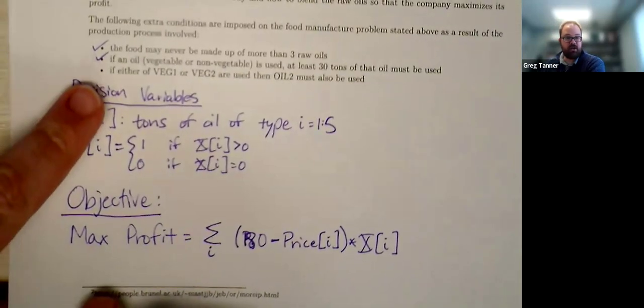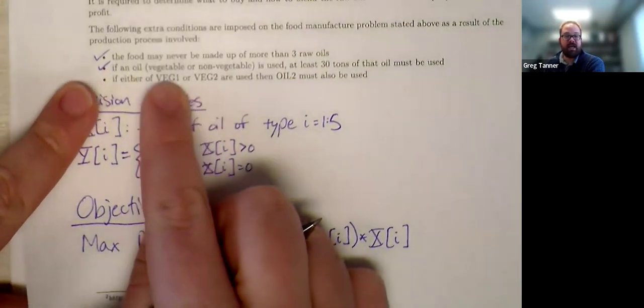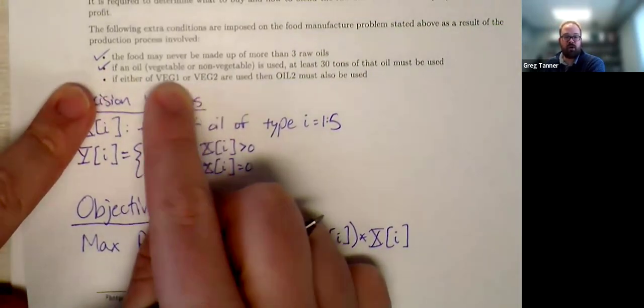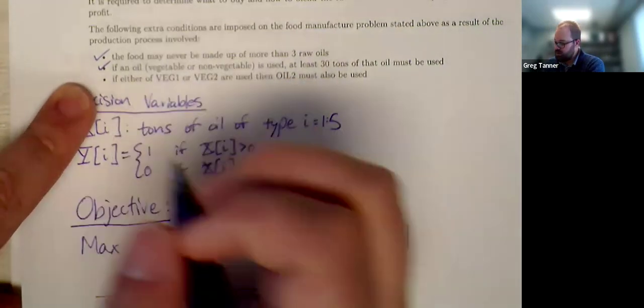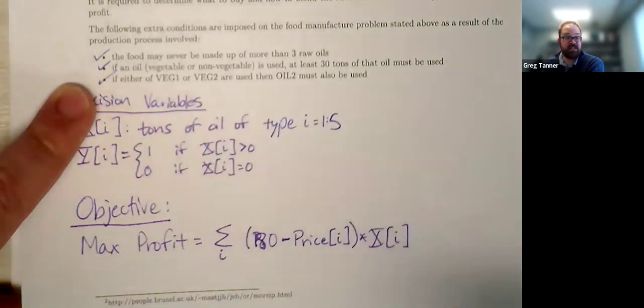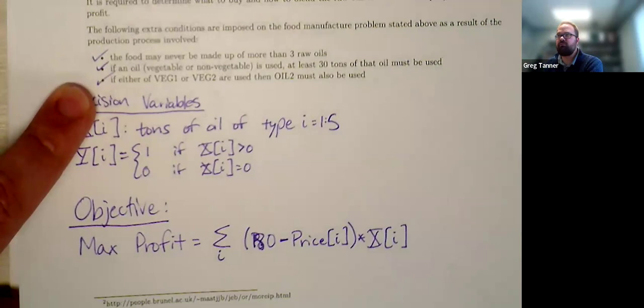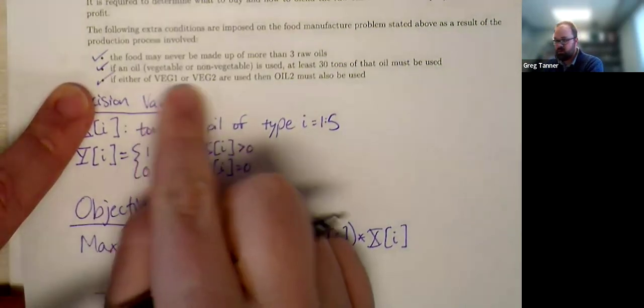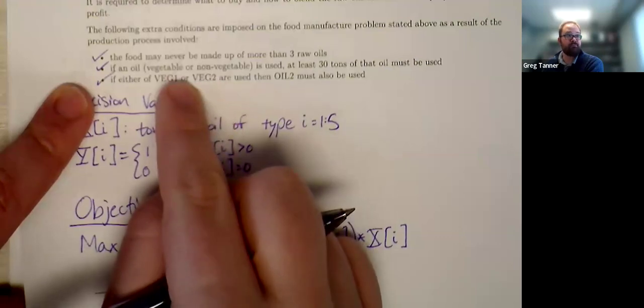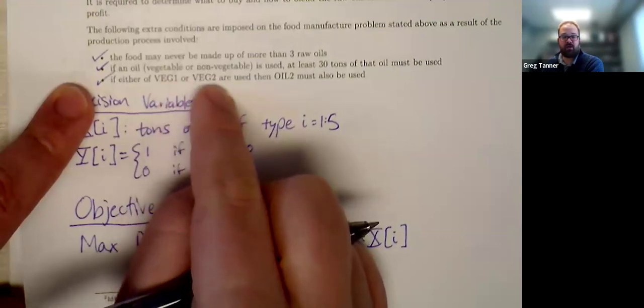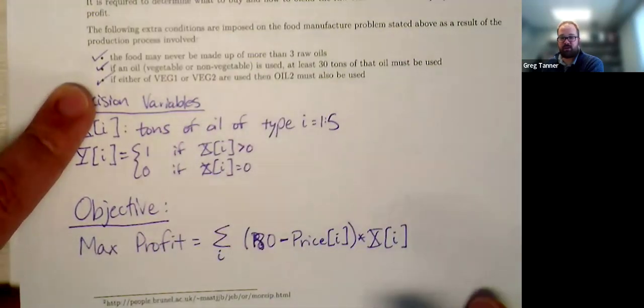Now let's check off this one, which says that if either veg 1 or veg 2 are used, then oil 2 must be used. This is what we call a contingent constraint. Anytime you see an if-then, you're probably thinking about a contingent constraint. And so y1 and y2 are what control this. If either of them are used, then oil 2 must be used.